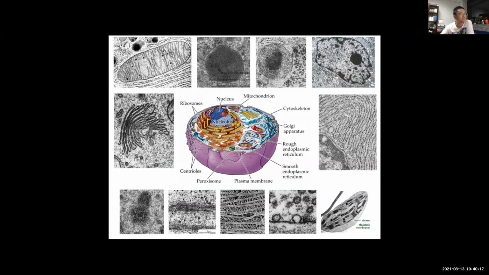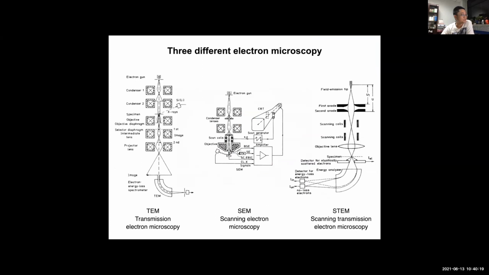However, besides TEM, there are still other kinds of electron microscopy techniques. One is called scanning electron microscopy, SEM, and the third one is called scanning transmission electron microscopy.